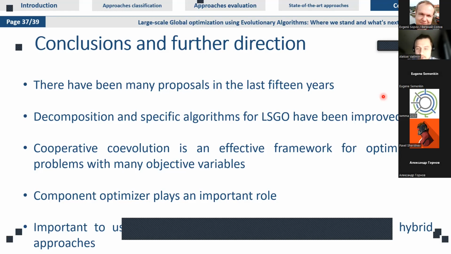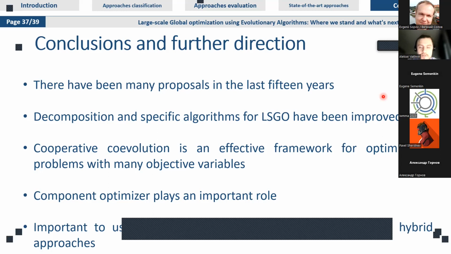Cooperative coevolution is an effective framework for optimization problems with many objective variables, but here I have to note, only if we could find a suitable number of subcomponents, and group variables quite well in these groups. The component optimizer, of course, plays an important role in cooperative coevolution.